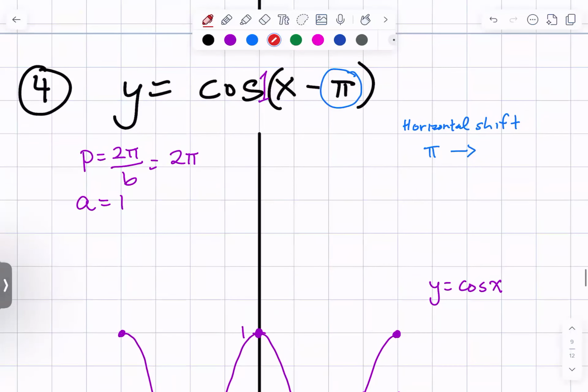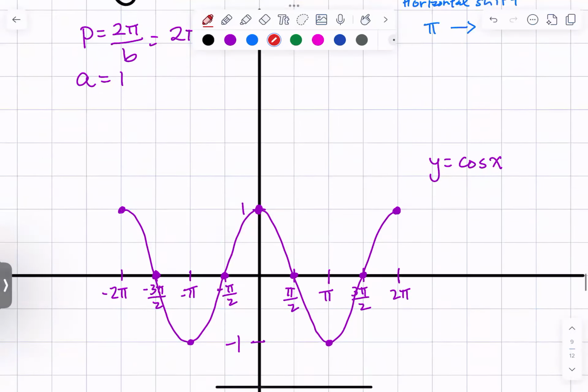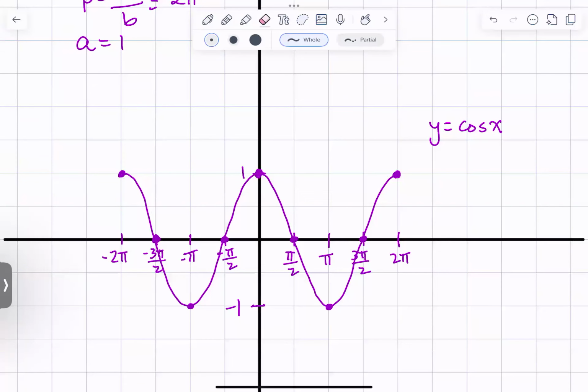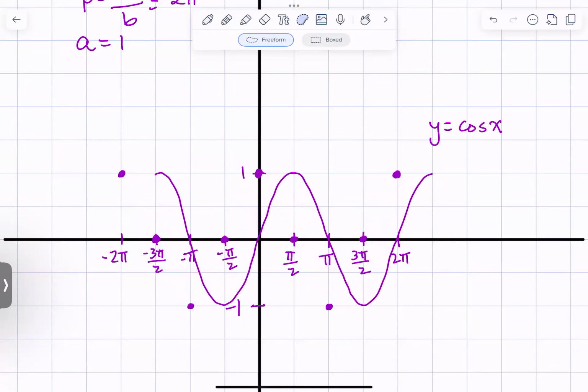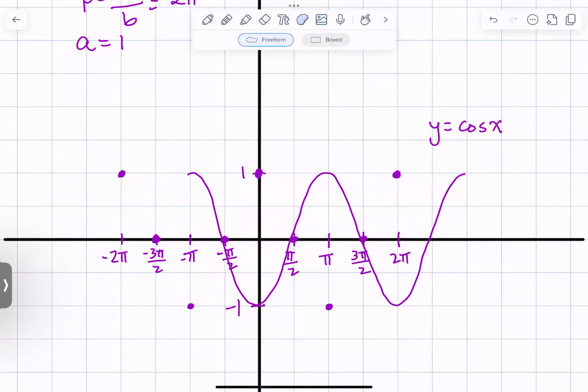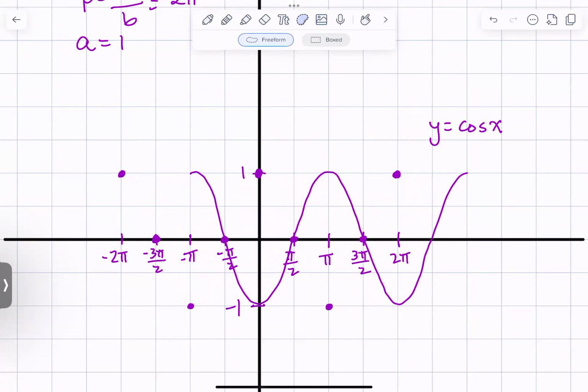Now I just got to shift this pi units. So if I shift this whole graph pi units long, I'm just going to move it. That's pi over 2. This would be pi. Pi units long is right there.